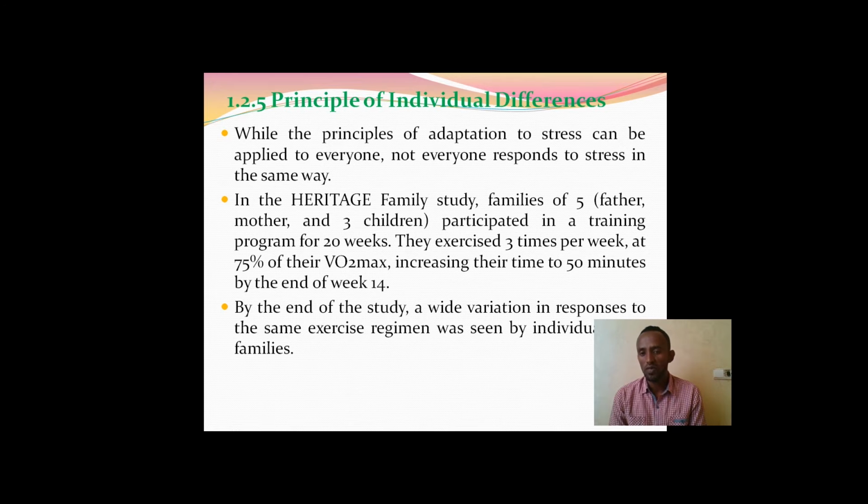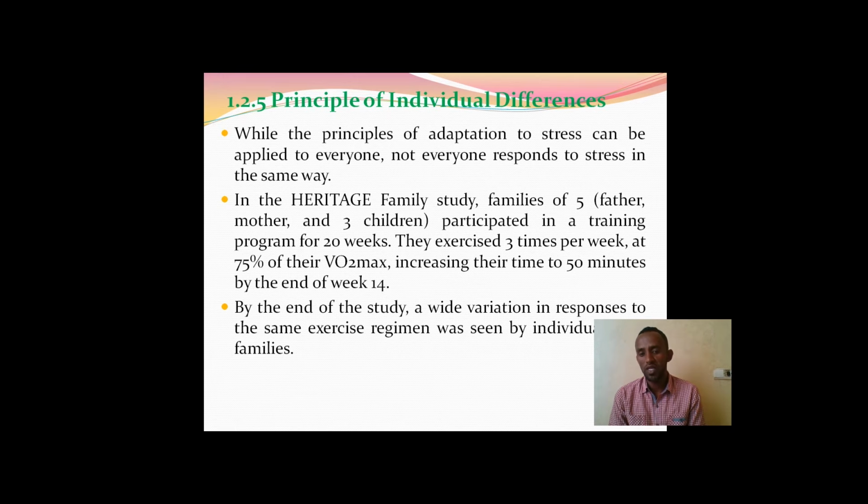They exercised 3 times per week at 75% of their VO2 max, increasing their time to 50 minutes by the end of week 14, so 50 minutes from week 14 to 20. By the end of the study, an assessment of their physical fitness capacities was given to the family, but a wide variation in response to the same exercise regime was seen between individuals and families.